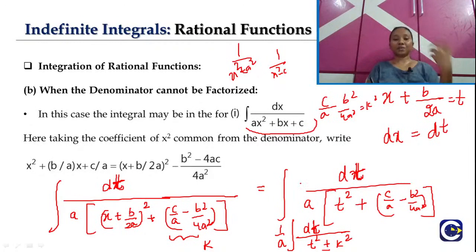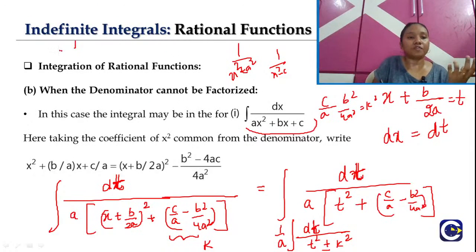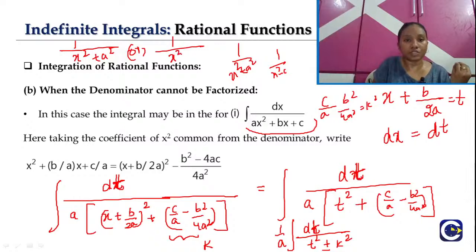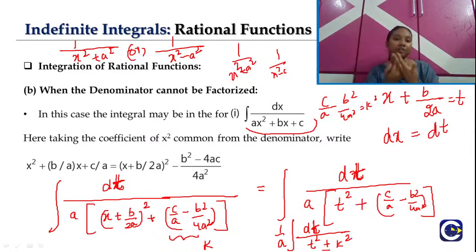Right. So my aim here is, even if I couldn't factorize my denominator, I can bring my quadratic expression into the form of either x square plus a square or x square minus a square, because we directly have our identities, so that without any further integration we can simply apply the standard integrals and find the answer.